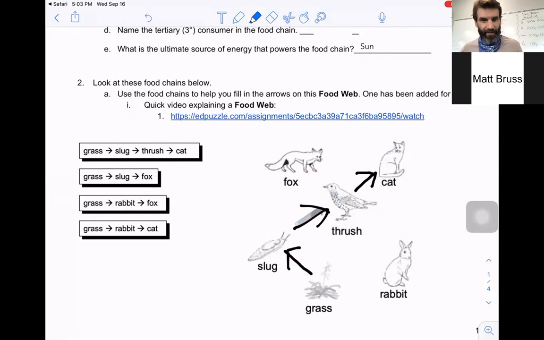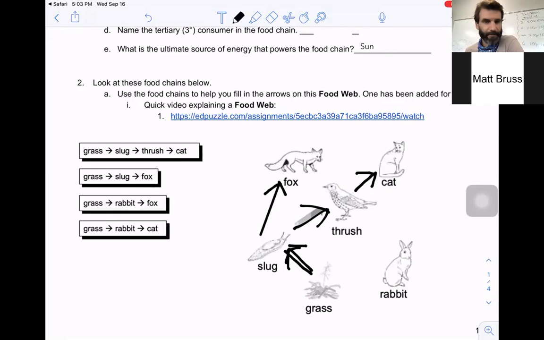But if we add another food chain, we start adding a little bit of complexity. So in this next food chain, again, slugs eat the grass, so energy goes from the grass to the slug. But in this one, foxes eat slugs. So I need to draw another arrow from slugs to the fox.